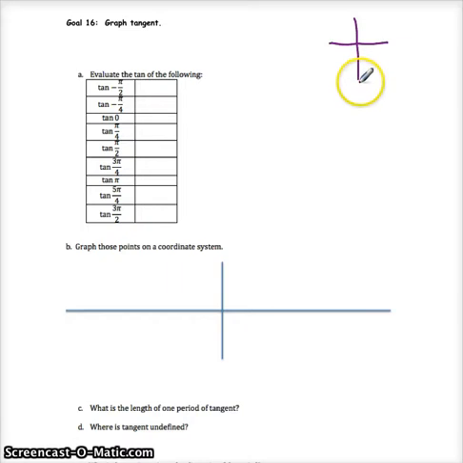The ordered pair at this position is (0, -1). Using that ordered pair, we know that tangent is equivalent to y divided by x. So we know that at negative pi over 2, tangent is undefined.